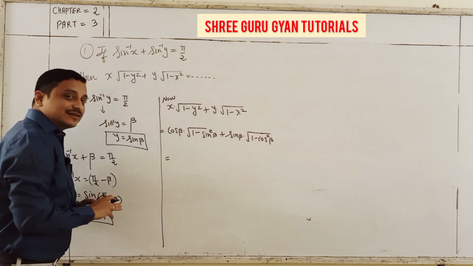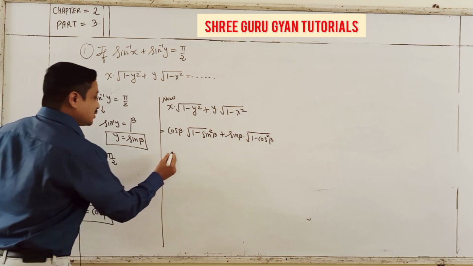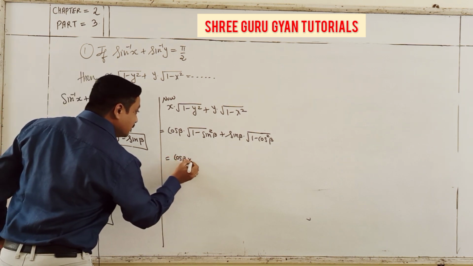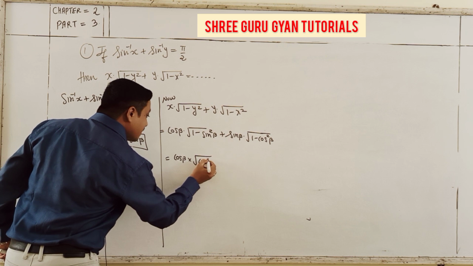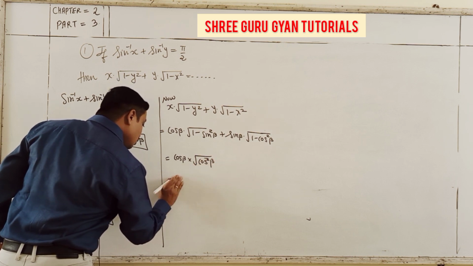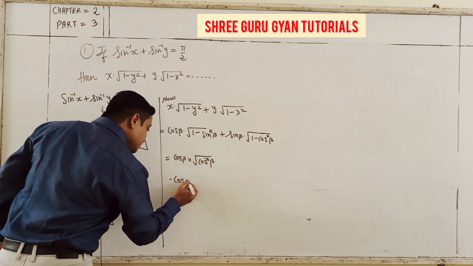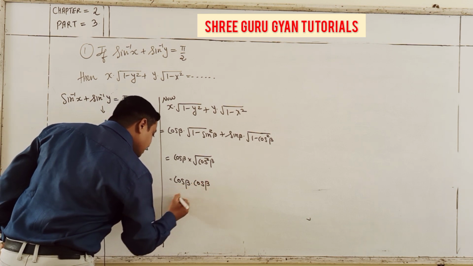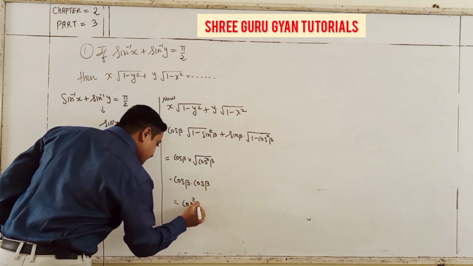Finally you will cover your small solutions. Cos beta under root 1 minus sin square becomes cos square, so you only have cos beta into cos beta, in short cos square beta.